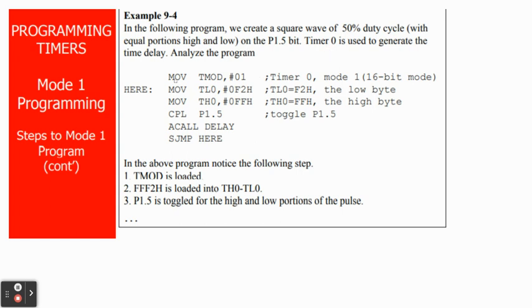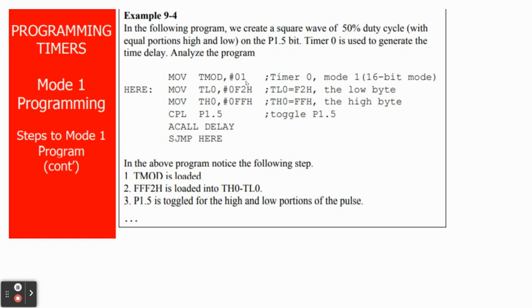So the first line says MOV TMOD, #01. What does it mean? It means that the timer mode will have a value of 0000, that is representing the 0, and 0001, that is representing the number 1. Again, in the 0000, the gate is 0, C/T is 0, and the mode M1, M0 is 00.